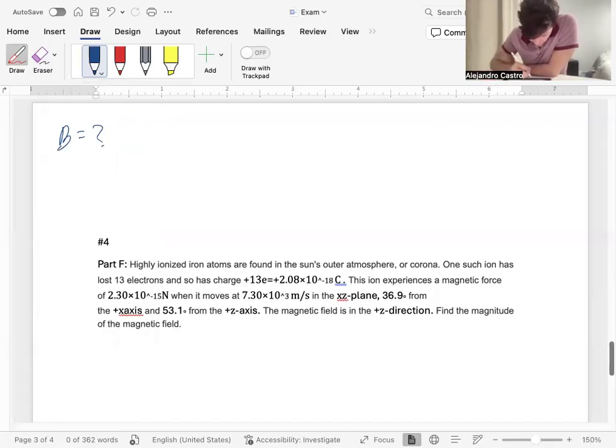For this one, we are going to use the same formula that we have been using along this test. Charge is given to us.